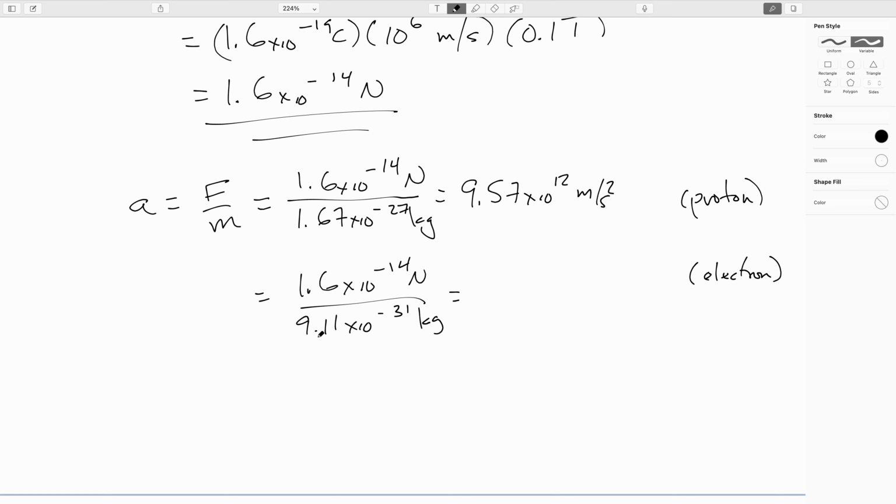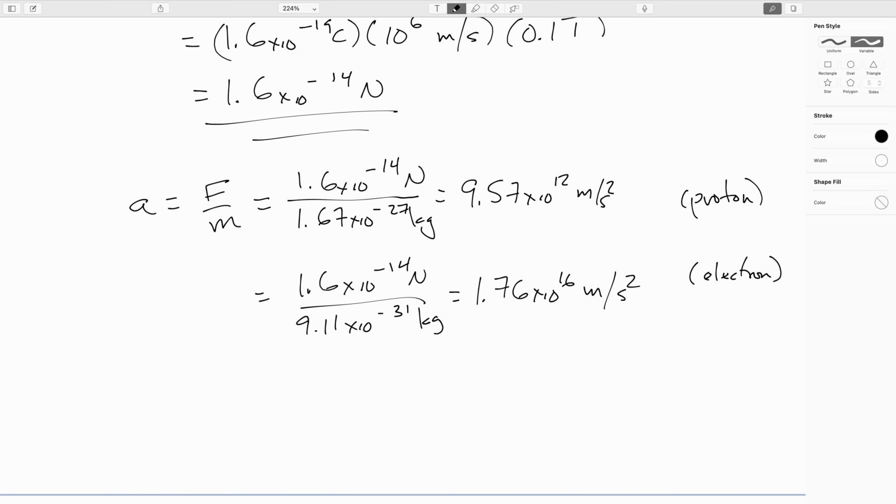You can remember the first three digits by just remembering to call 911. So 9.11, and then I use the fact that 10 to the negative 31 rhymes with 911. So with 9.11 times 10 to the negative 31 kilograms, we get an acceleration of 1.76 times 10 to the 16 meters per second squared.